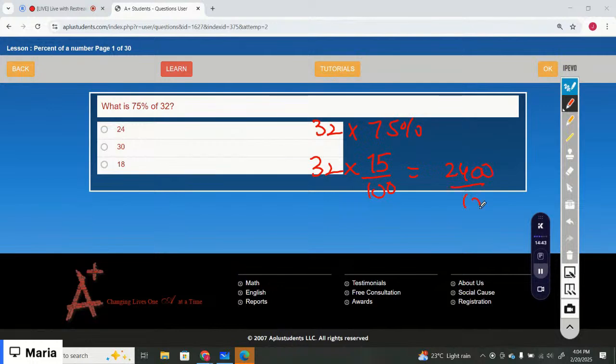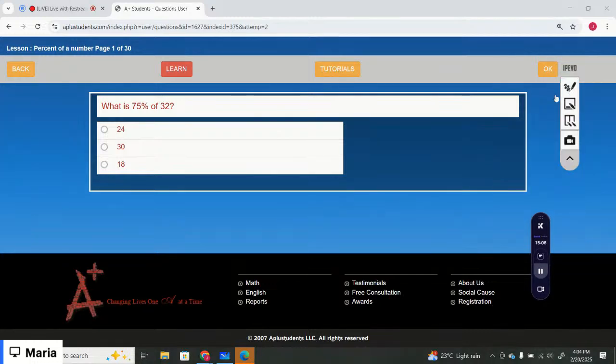And 2400 divided by 100 equals, very good, that is 24. Option number 1 is the correct option, that is 24.